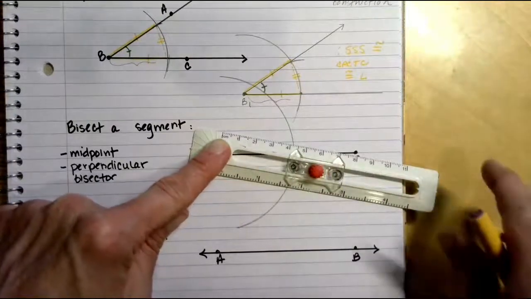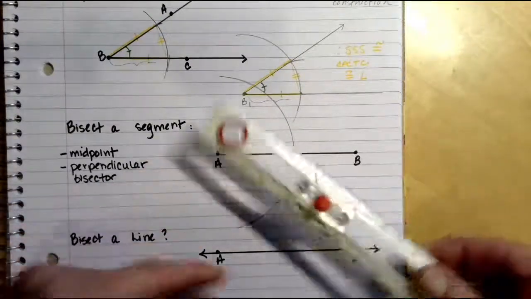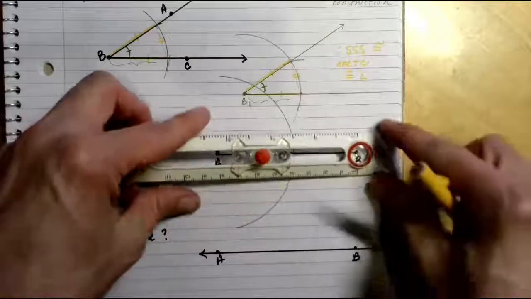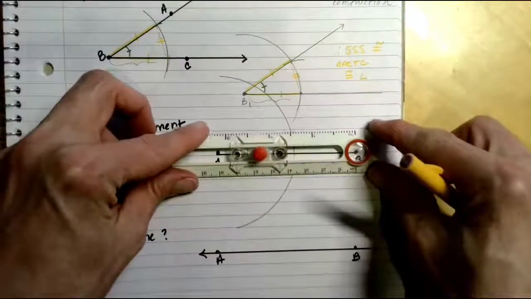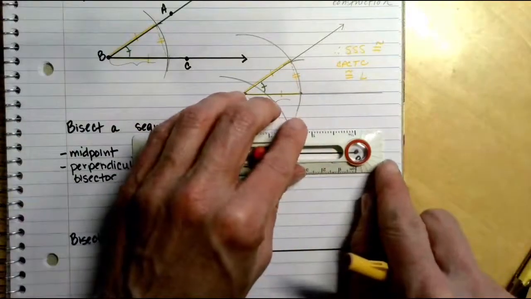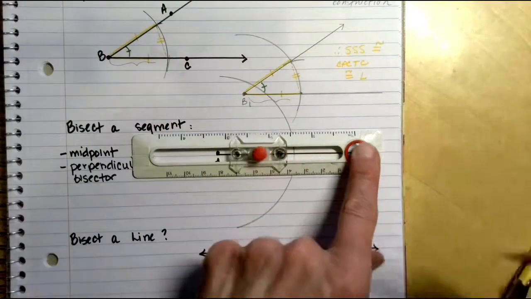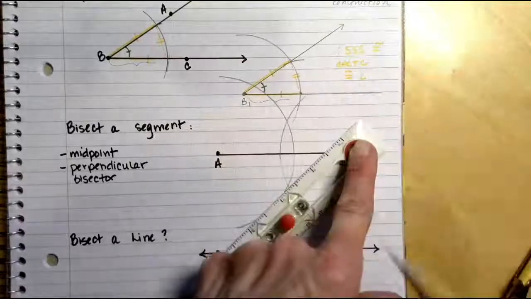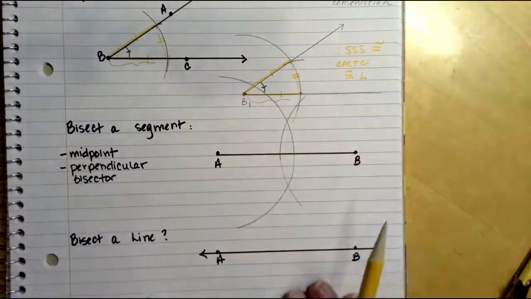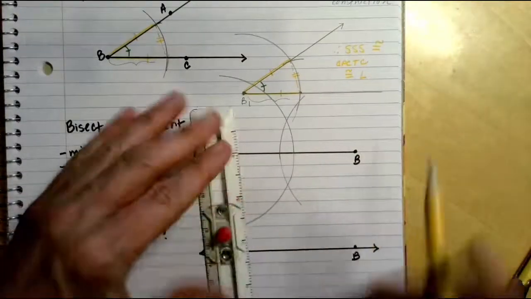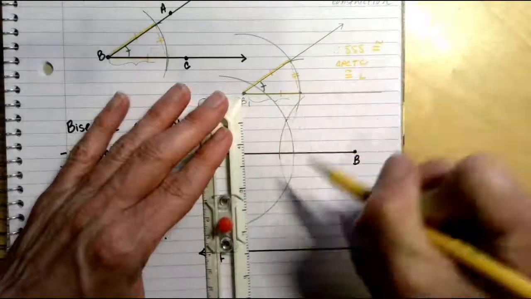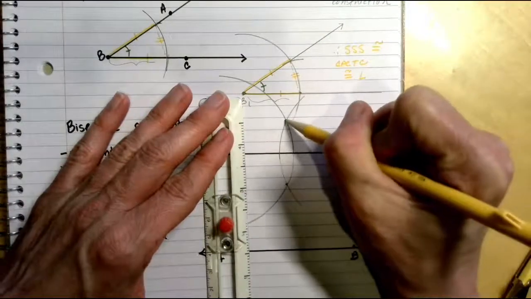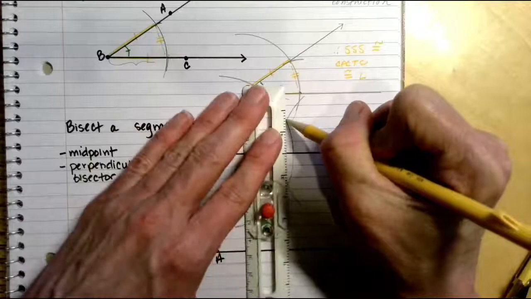And I'm going to keep that same distance locked in, put my compass over with my bullseye on this end, and I'm going to again draw a mark above and a mark below. That will give me two points of intersection that I can then connect.